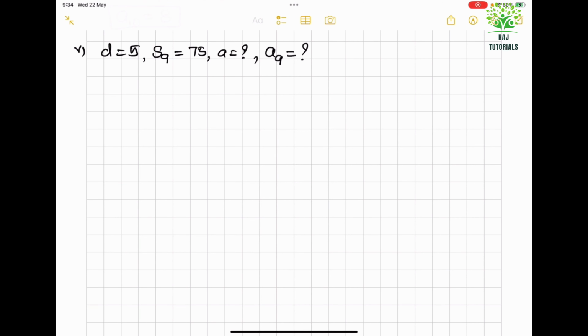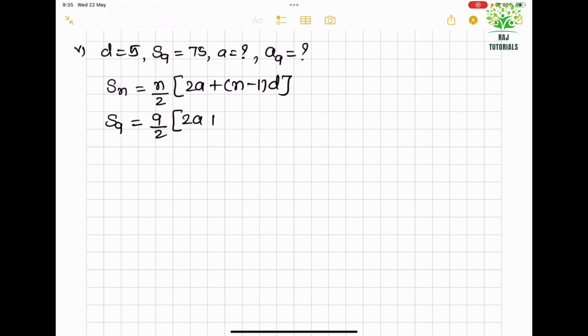So I can say directly Sn equal to n by 2 into 2a plus n minus 1 d. So here S9 equal to 9 by 2 into 2a plus 8d, 9 minus 1. So S9 is 75 equal to 9 by 2 into 2 into a plus 8 fives are.